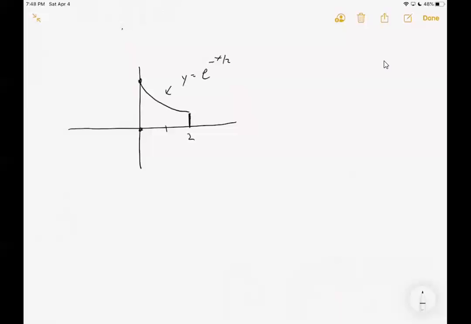We could find its average value. Oh, this would be interesting. If we want to find the average value, in order to get y average, the denominator would be the area, so that would be e to the negative x over 2 with respect to x from 0 to 2. But remember, the numerator would get an extra factor of x in there.